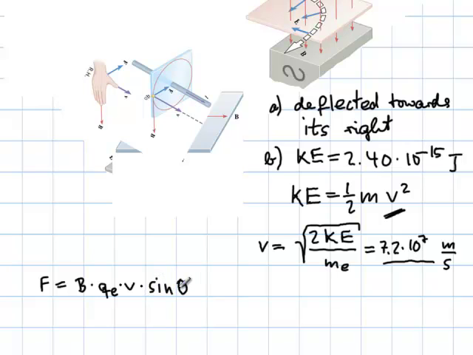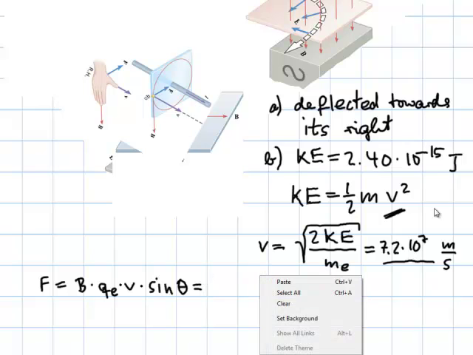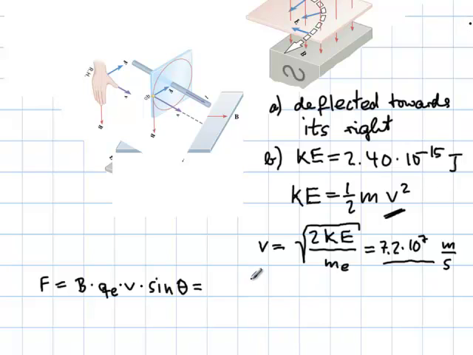The angle would be the one between the velocity and the magnetic field, which is 90 degrees. So I take the sine of 90 degrees, which is simply 1. And again, standard units, so this will be in newtons.